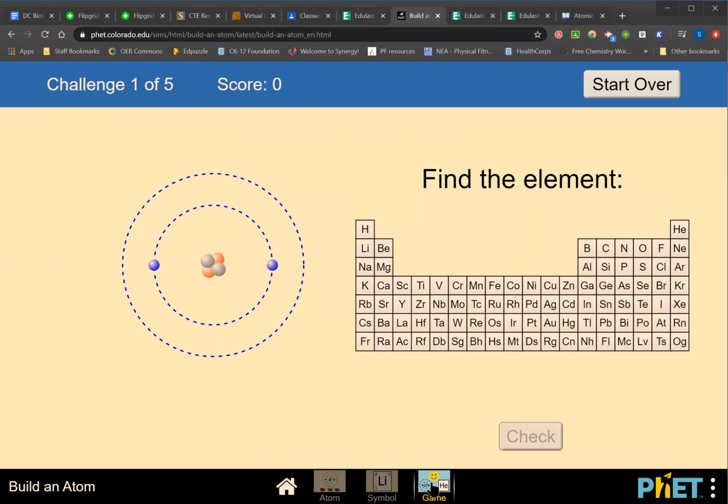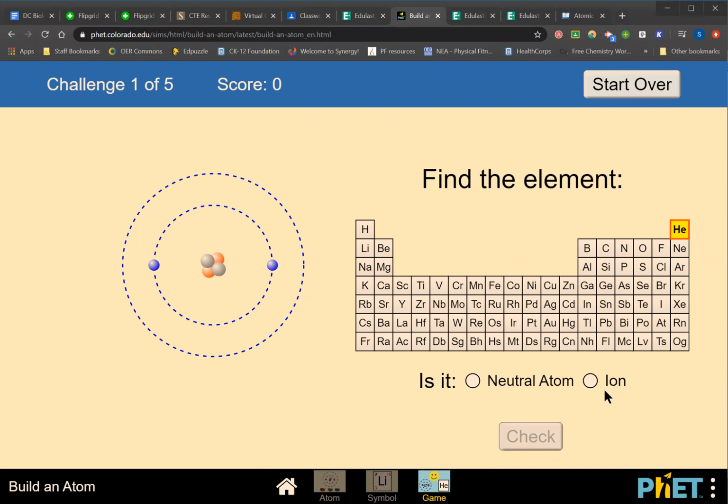If you want to play a different game then, so it says find the element. So I'm going to look at this atom and I see there's 2 protons. Because I learned earlier that proton is what changed the name. So I had 1, 2. Boy, you're really going to have to know your periodic table, huh? So this is what I'm going to do. Is it neutral or an ion?